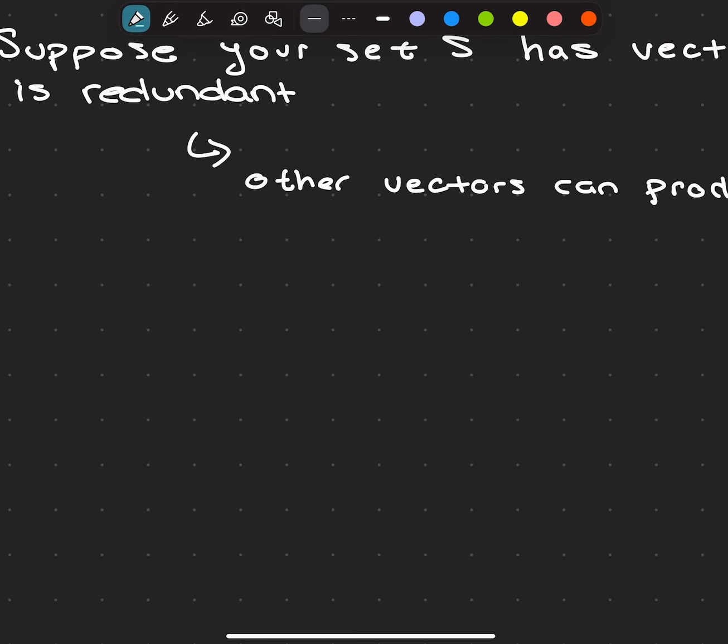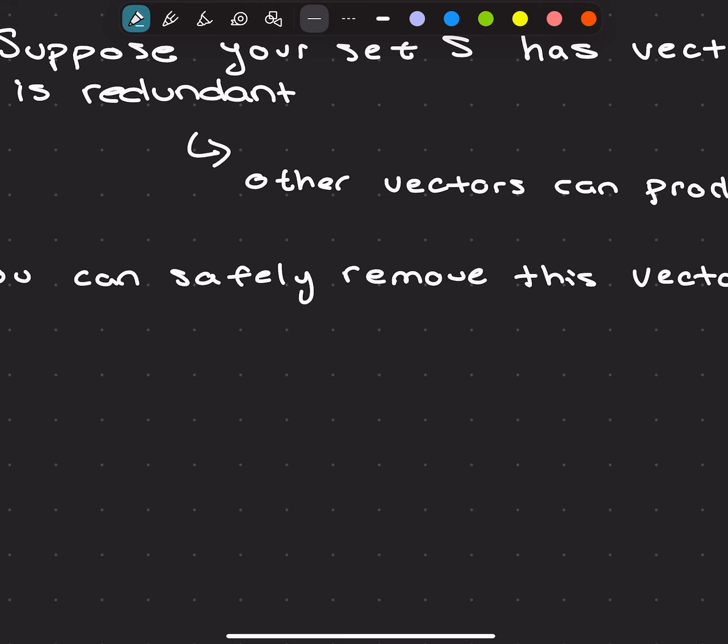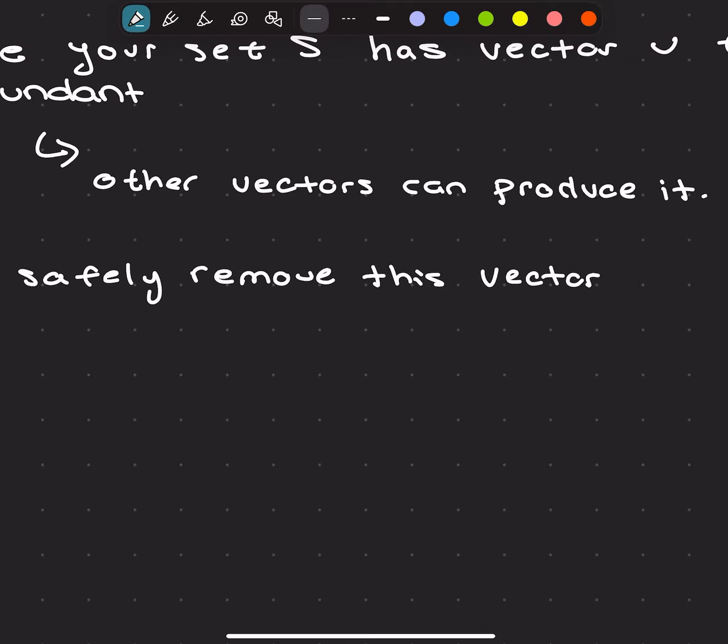What this allows you to do, you can safely remove this vector and the span will stay exactly the same.